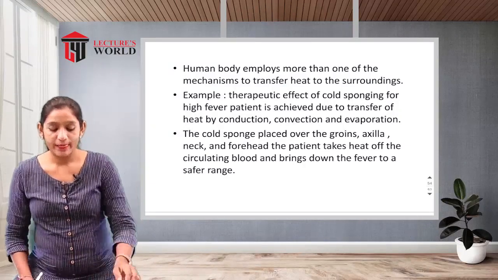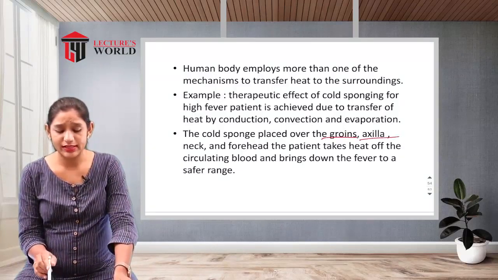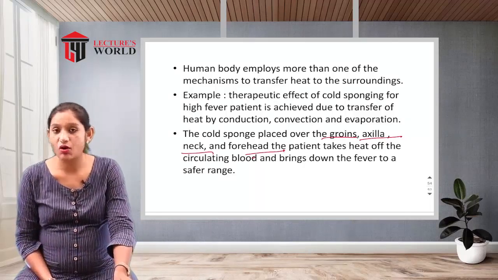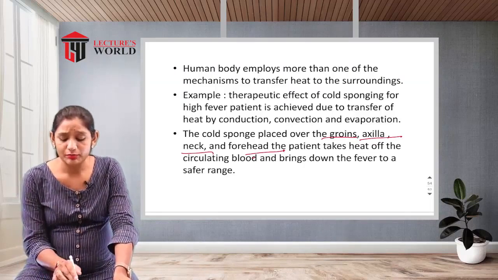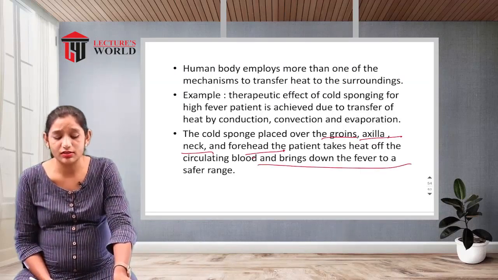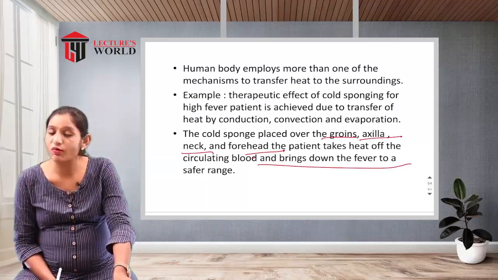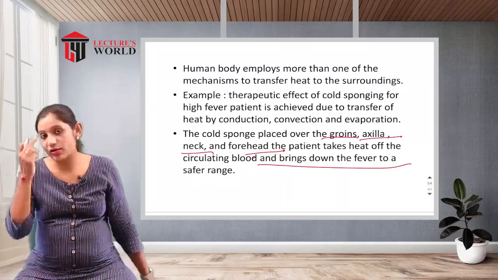The cold sponge is placed over the groins, axilla, neck and forehead.